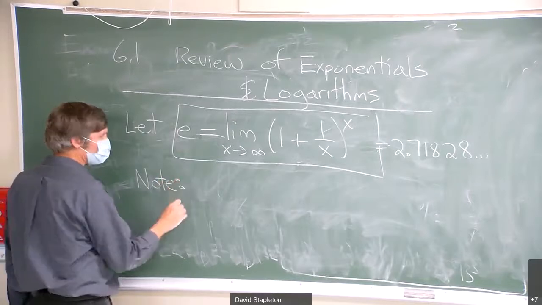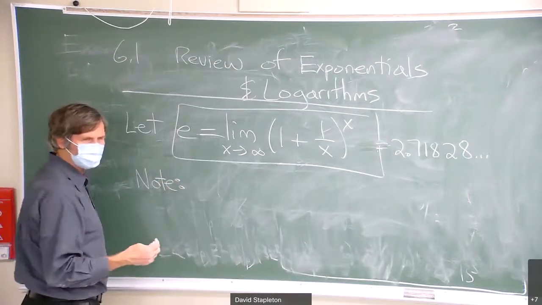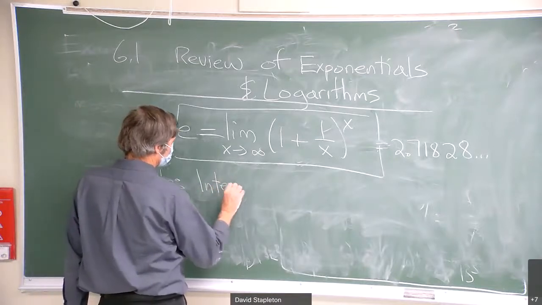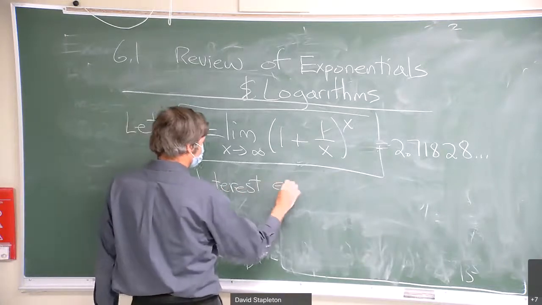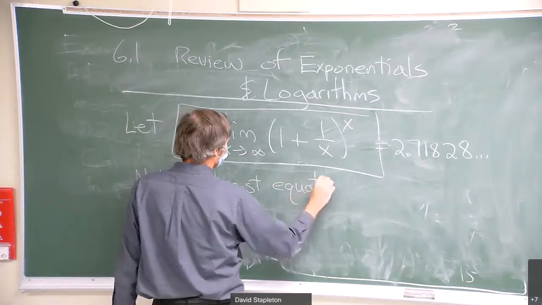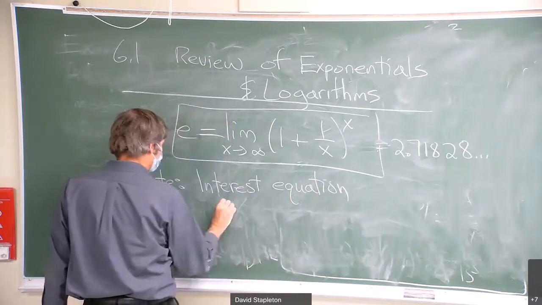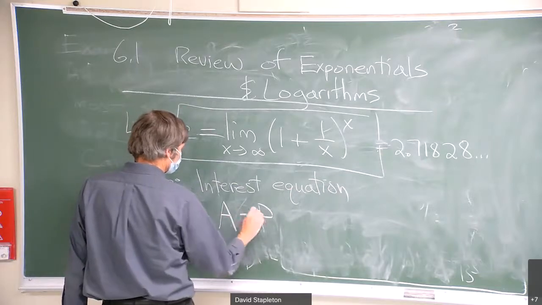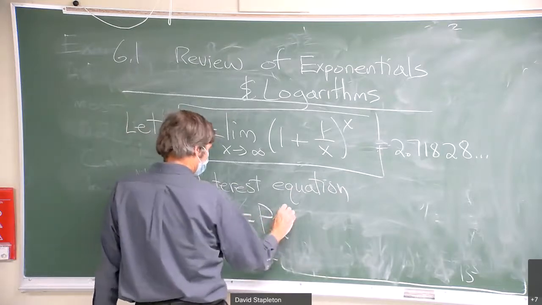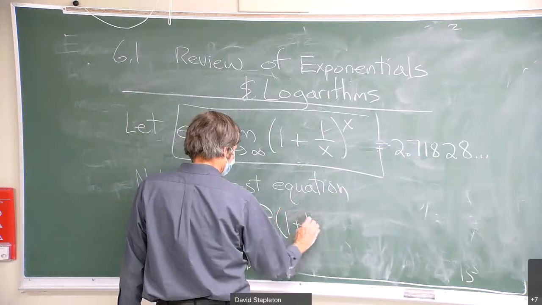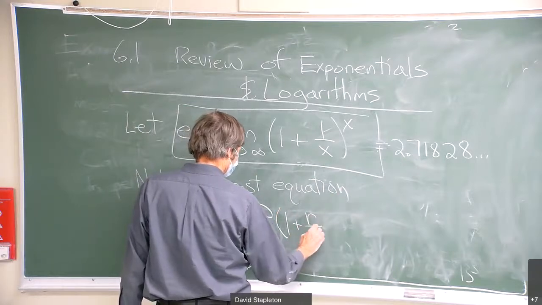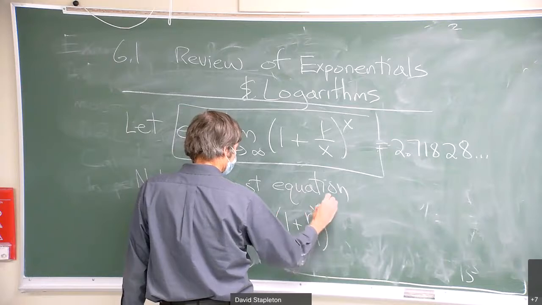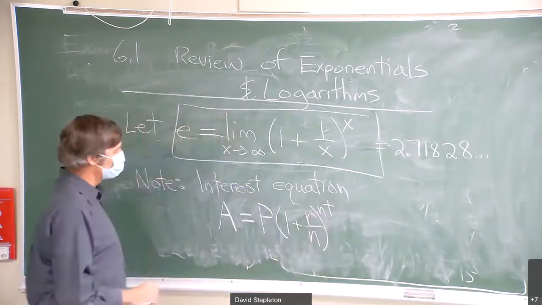Seen compound interest before? Remember the compound interest formula, anybody in business? In the theory of interest, we have this equation for compound interest, that the amount you have in your account, A, is the principal, the amount you invest, times 1 plus the interest rate R over N, the number of periods per year, to the NT. All right?